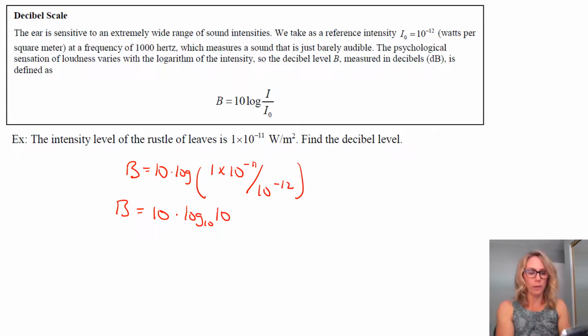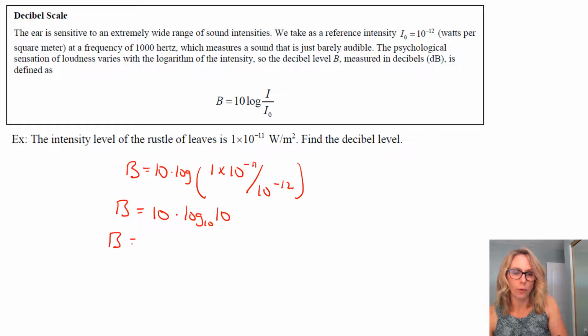If you were to take your calculator and put 1 times 10 to the negative 11, and then divide that by your 10 to the negative 12, you'll see that you should get 10. And so that tells us, pretty straightforward, that log base 10 of 10 is just 1 because of our rule of the same base and the inside. And so 10 times 1 is just 10. So in this case, we have 10 decibels.